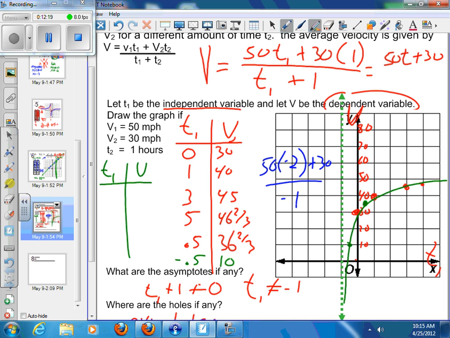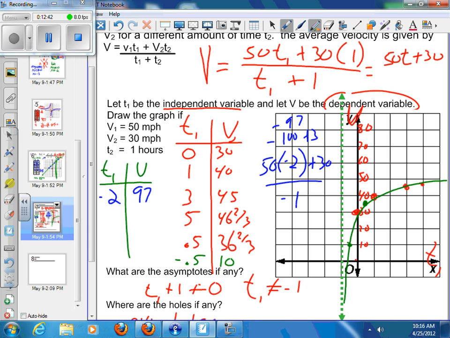So that's going to make this negative 100 plus 30, and 2 negatives are going to make that positive, so that's going to be negative 70, so positive 70. So I am at negative 2, and I'm at a positive 97.